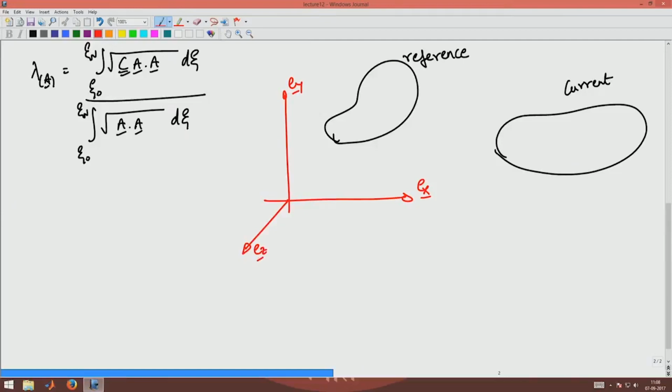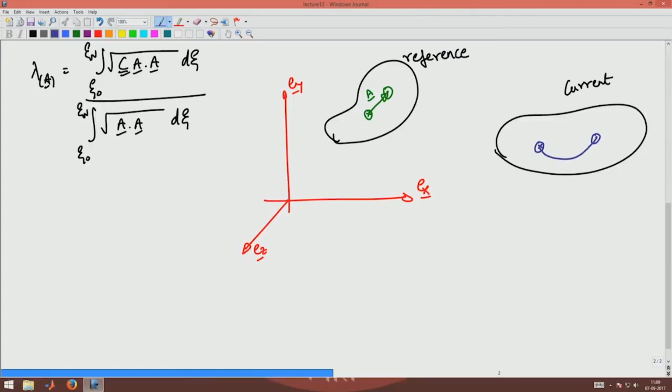In the reference configuration you have this straight line along the direction A. And we saw that this deforms into a curve between those 2 points, like this.